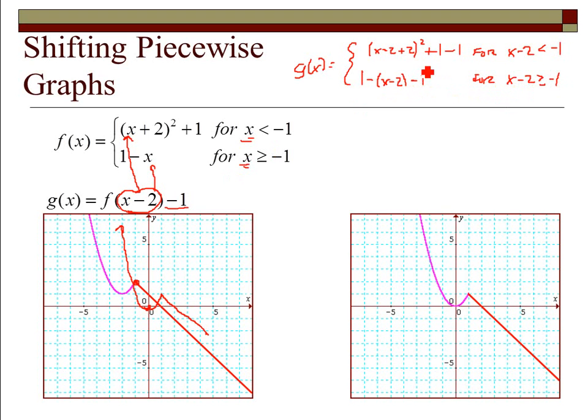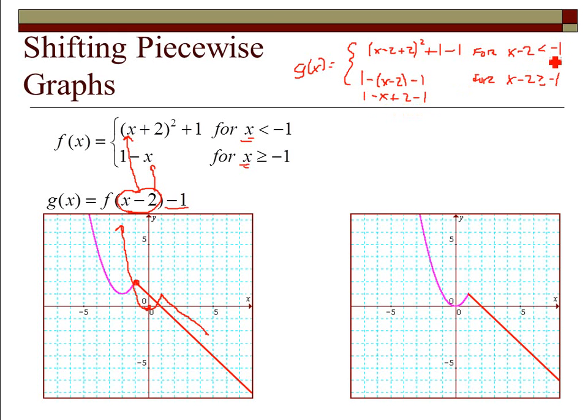Now when I go to simplify this, I've got x minus 2 plus 2, so I just get x squared plus 1 minus 1, so I just get x squared. There's my parabola. And I've got 1 minus x plus 2 minus 1, so I end up getting negative x plus 2, because 1's basically cancel out.